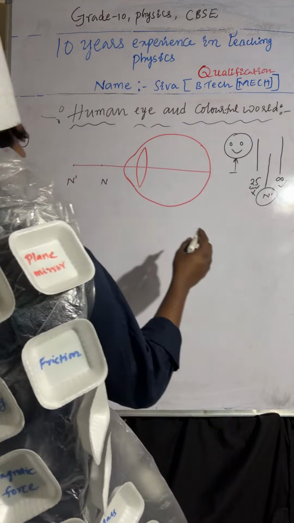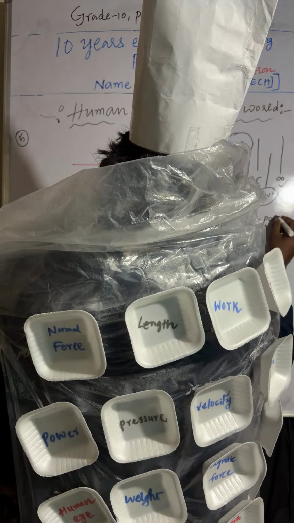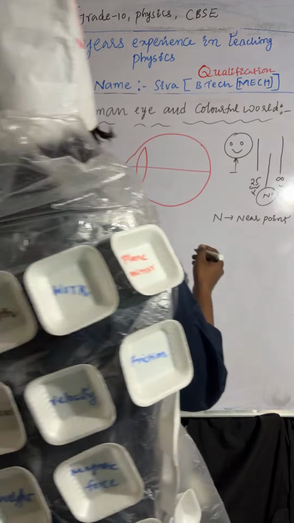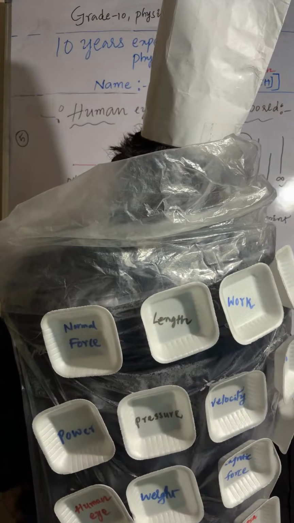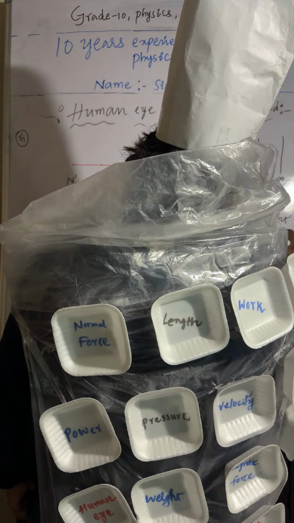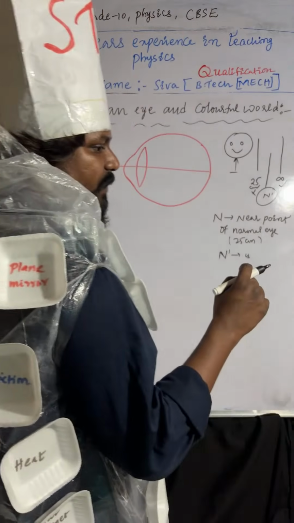Here you have to observe, N is the near point of normal eye. In the textbook they gave N dash, like that. N is the near point of normal eye, that is 25 centimeter. N dash is the near point of hypermetropic eye.